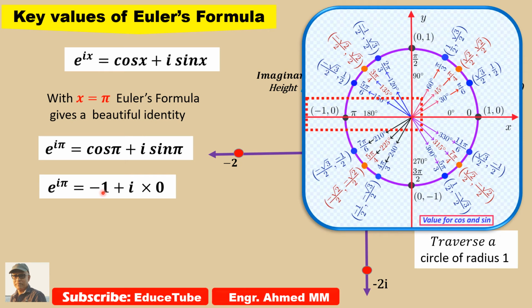If you look at the highlighted part, these are the positions of pi. The result is: for cos pi it is -1, and sine pi is equal to 0.